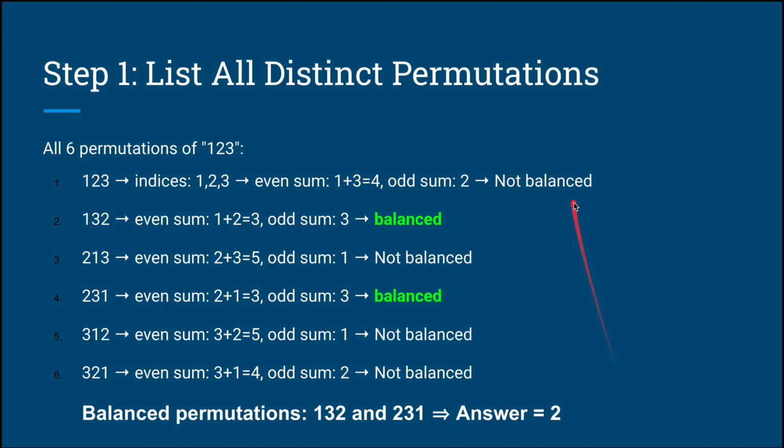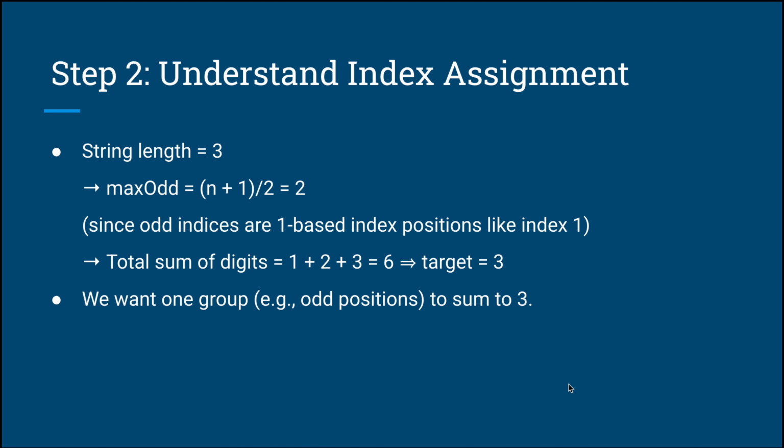So in step 1, what we are trying to do here is find all the permutations, right? And if you see, these are the permutations where 1 3 2 and 2 3 1 are the balanced ones, and that is why the balanced permutations are 1 3 2 and 2 3 1, and the answer count is 2. After that, we are trying to understand the index assignment, how we are doing that.